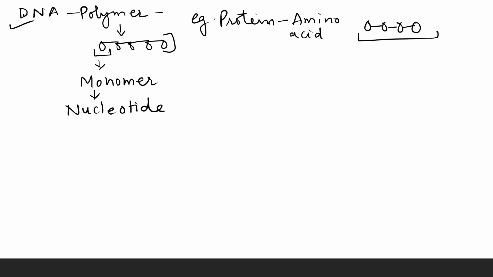Many nucleotides combine making a chain that makes a polymer of a DNA, right? So nucleotides will join together and form a polymer of DNA. In other words, we can say DNA is a polynucleotide.